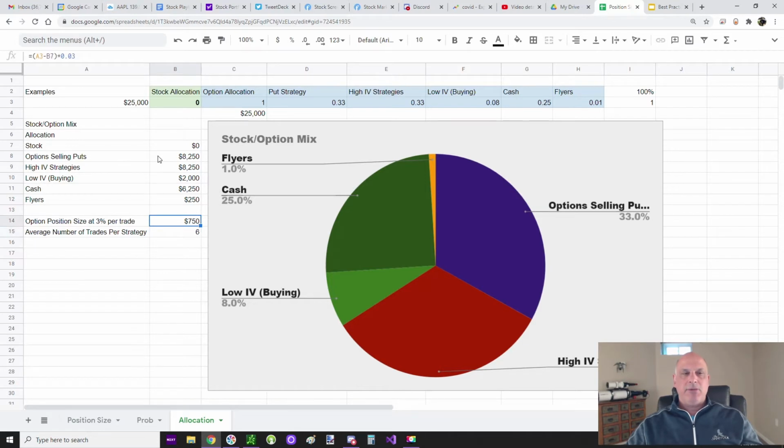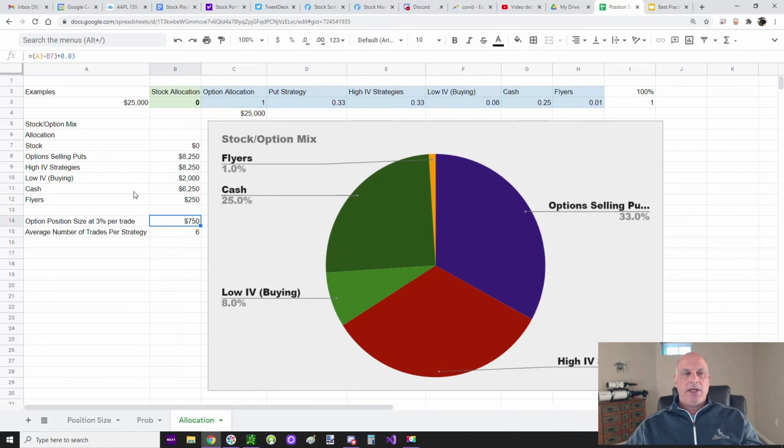So this tells us that we can allocate 6 trades up to $750 of buying power reduction for each of these strategies, and it would be pretty much a safe trade. Then the flyers would still be on their own at 200. You wouldn't want to go above $250 for this strategy, but you can go up to $750 for a 3% position, which is fairly high.